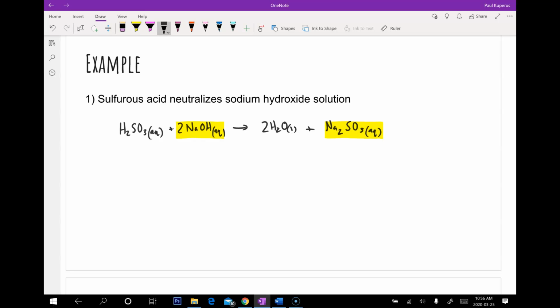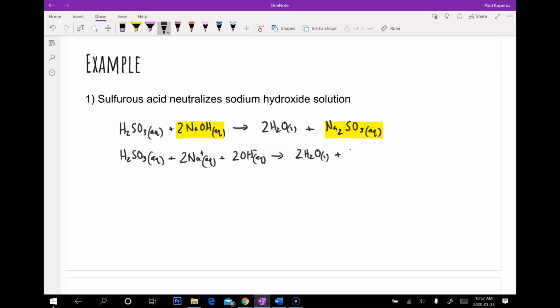Moving on to our total ionic equation, H2SO3 aqueous is now reacting with 2 sodium ions, 2 Na+ aqueous, plus 2 hydroxide ions, 2 OH- aqueous, to produce 2 water plus, again, I have sodium ions.